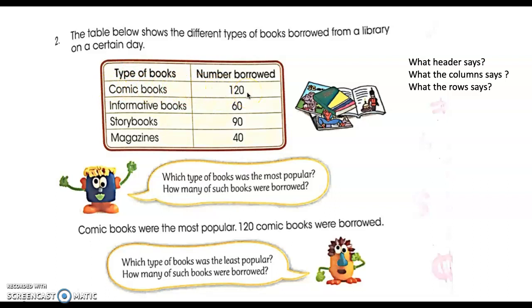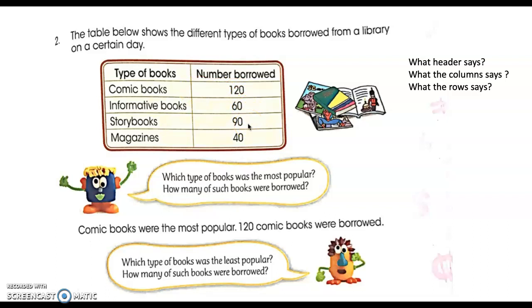So that's why the number of books borrowed was 120. Number of books taken home was 120. So they are comic books. The comic books are highly popularized among the students.